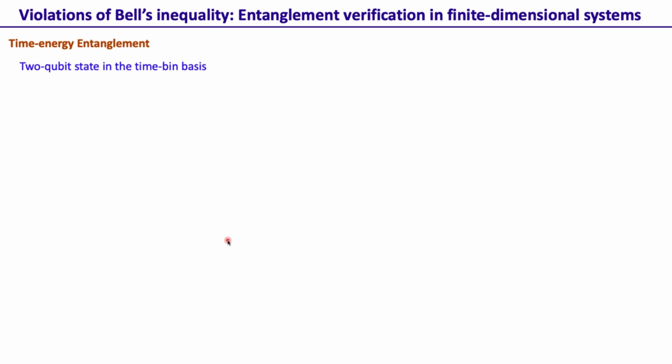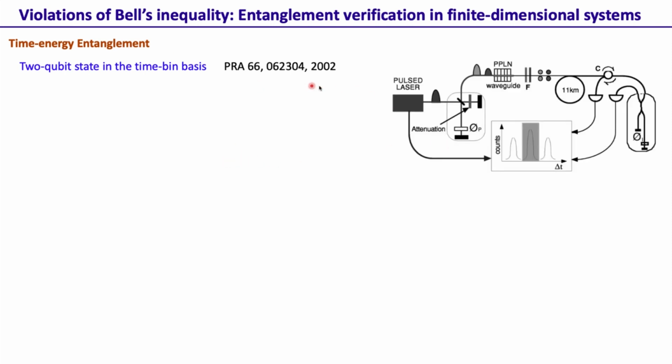We can also have the violation of Bell inequality and 2-qubit state generation in the time energy basis. Again, I will not go through the details of this. This was an experiment done in 2002, and one can show using this setup that one can indeed make a 2-qubit state in the time energy basis, and any Bell inequality violation done with this kind of state verifies time energy entanglement.